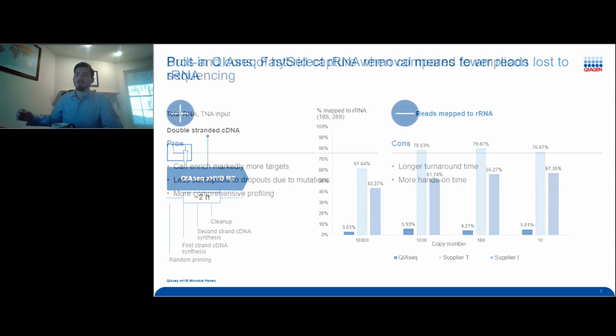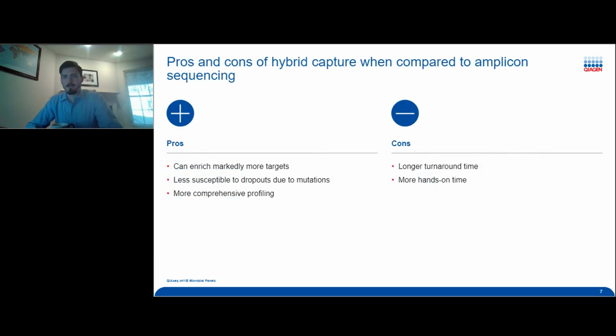Now, if you're familiar with QIAseq NGS products, you may know that pretty much everything that we currently offer is amplicon-based, except for our exome kit, which is also hybrid capture-based. And so, there's a handful of reasons that we are expanding to use hybrid capture technology for this product. Really, hybrid capture is a lot better if you're trying to enrich for many targets at once.